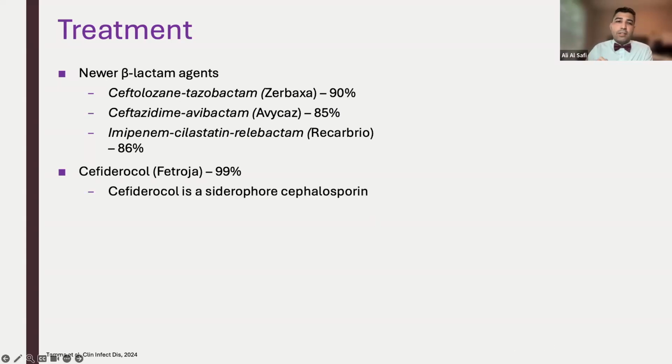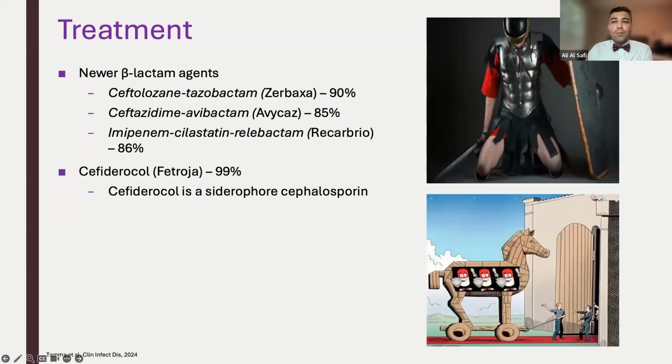It kind of works in a really weird way. It's a siderophore antibiotic. Siderophore comes from the Greek word for iron carrier, which in this case are small compounds that are produced by the bacteria to help transport iron across cell membranes. Cefiderocol acts in a really cool way. It acts as a Trojan horse.